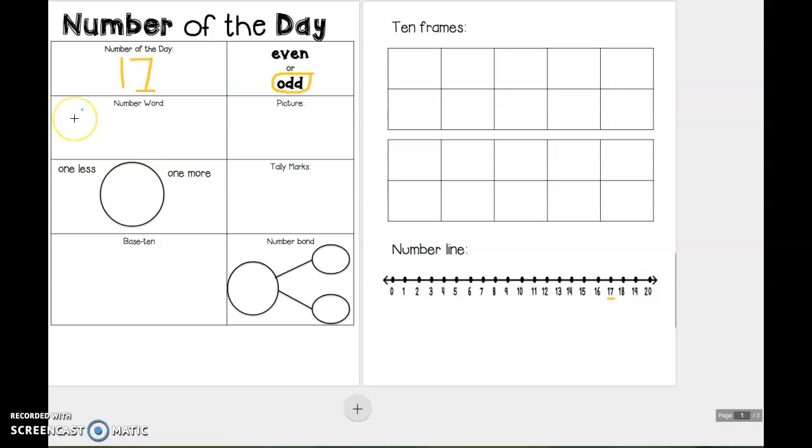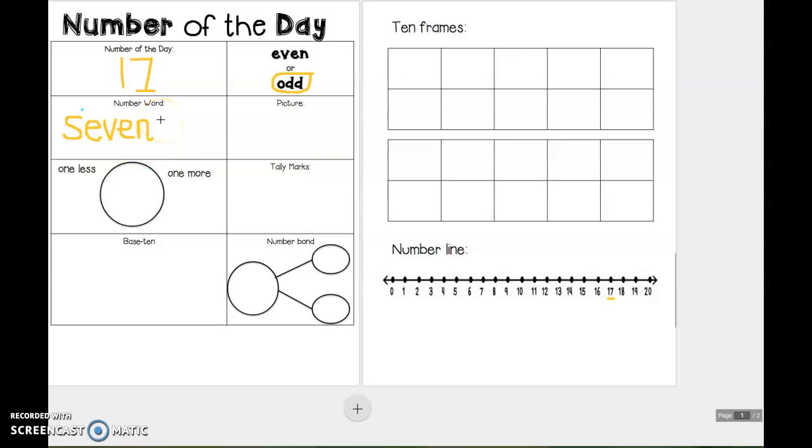So the beginning of that word starts with what letter says S, E, V, N. So you hear that S, E, V, N.